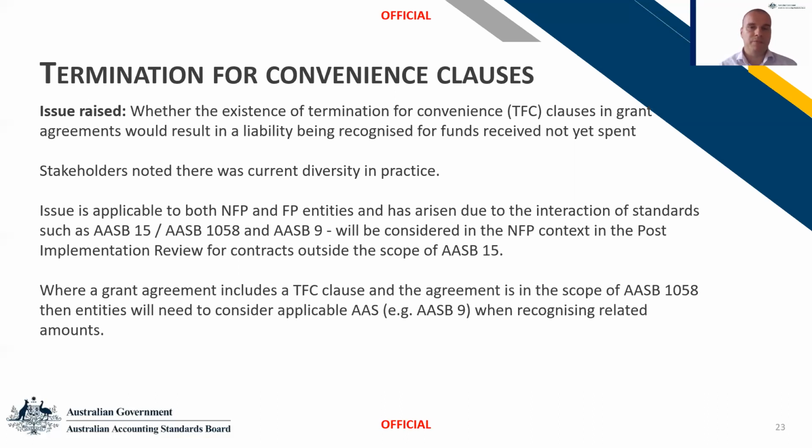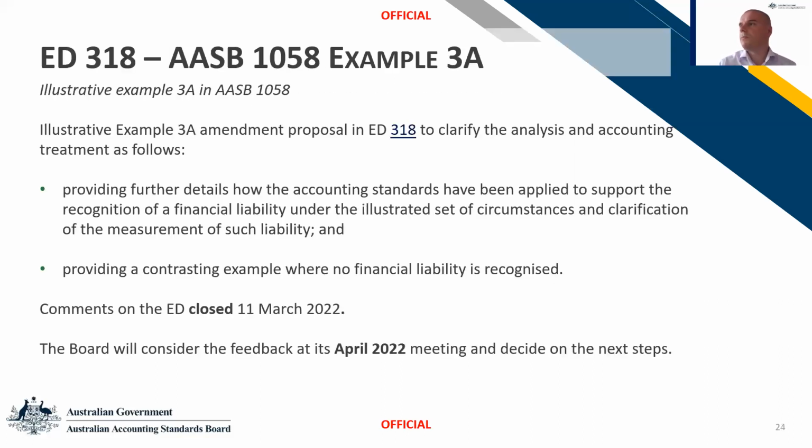So I think it's important to go back to the AASB 15 scope if that's the case for this type of contract and termination for convenience clause, to see how that interaction of the standards works. Hopefully the staff paper, though obviously that's just a staff paper and will not provide any authoritative guidance in any shape or form, could contain useful considerations when dealing with these types of clauses.